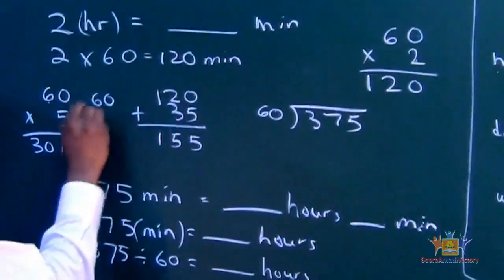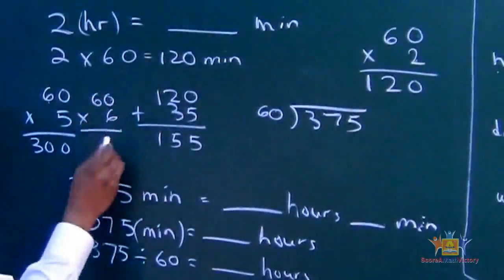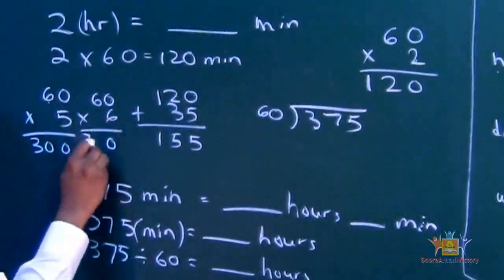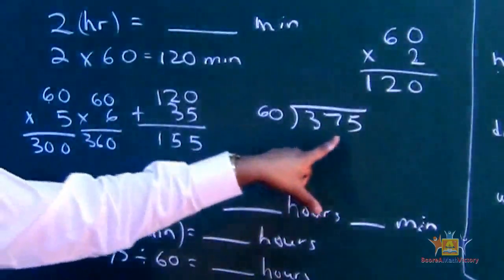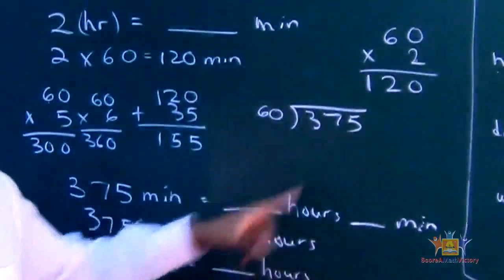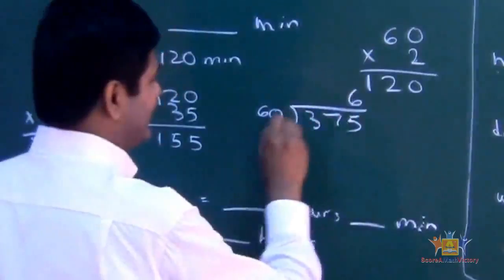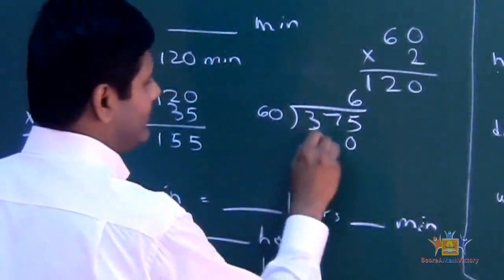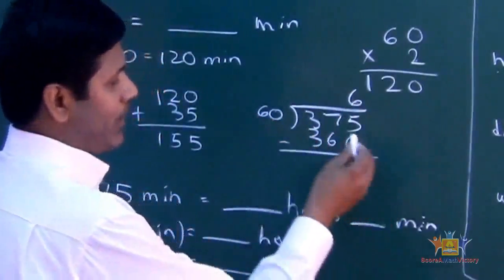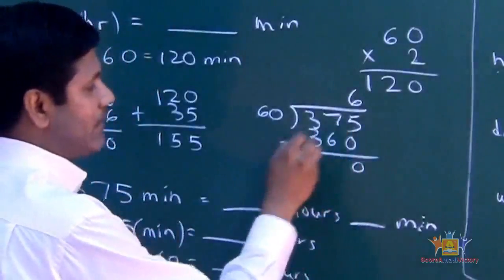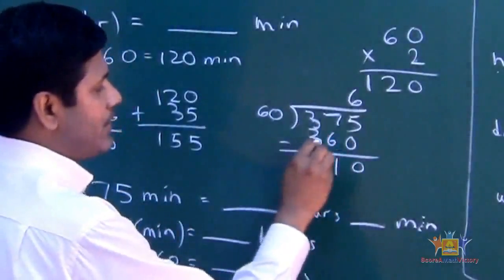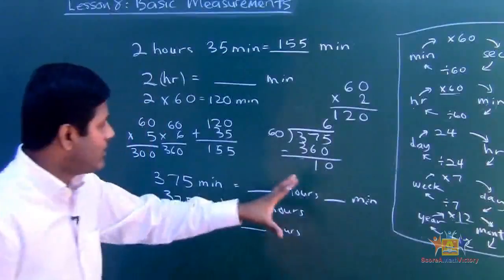So I can try 60 times 6. 6 times 0 is 0, 6 times 6 is 36. That's the closest it got to 375. So I'm going to put 6. I'm going to subtract. 5 minus 0 is 5, 7 minus 6 is 1, 3 minus 3 is 0. So now look at this.